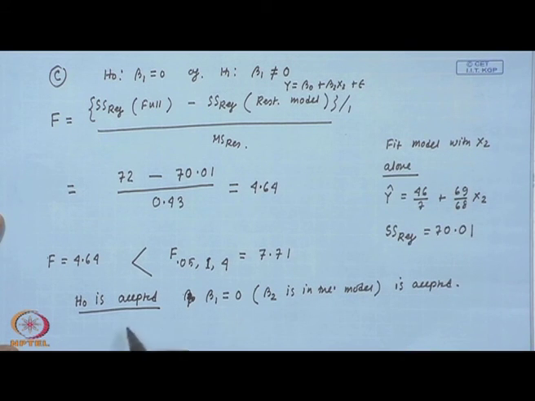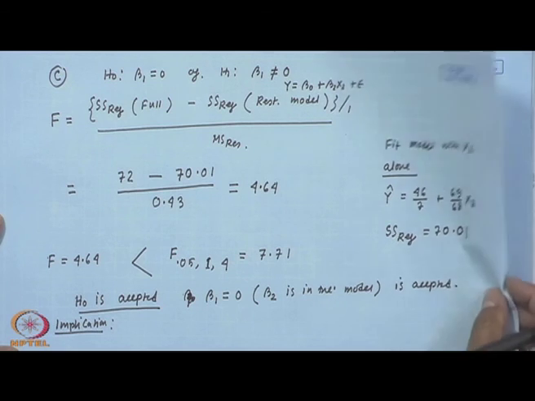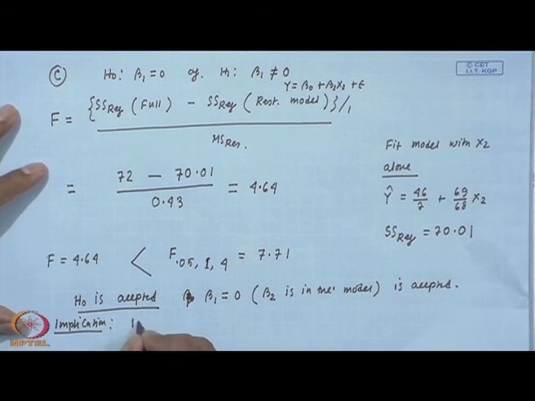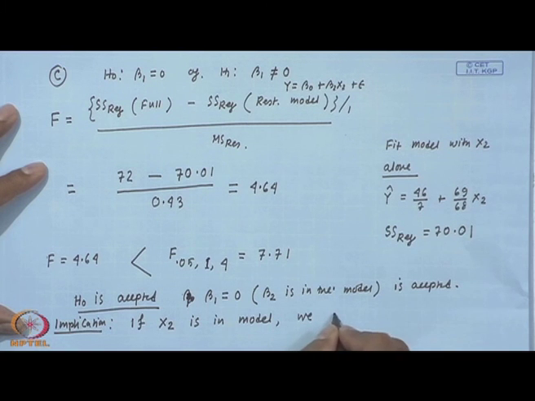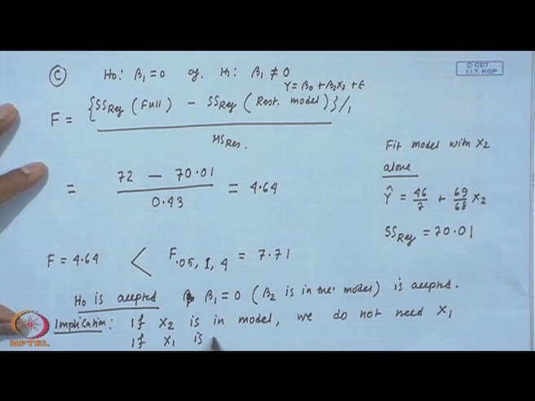So, the implication of this one is that if x 2 is in the model, we do not need x 1, x 2 is enough. So, if you have x 2 first in the model, we do not need to include x 1, but if x 1 is in the model, then we have tested that the significance of beta 2 in the presence of x 1 is significant.